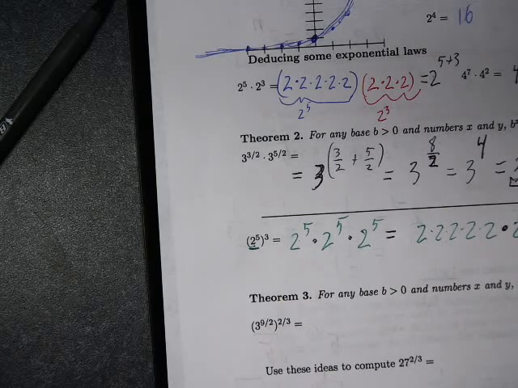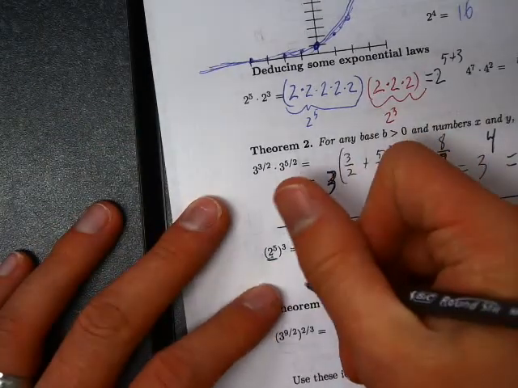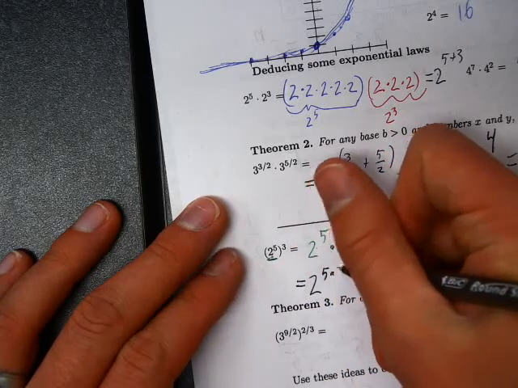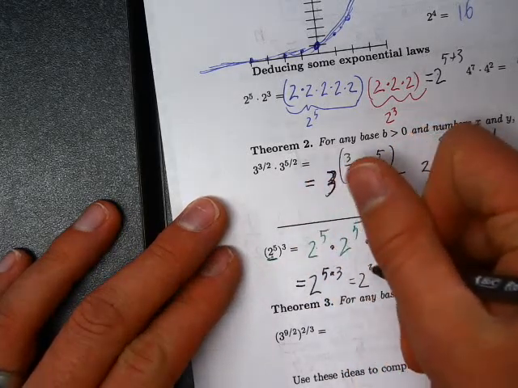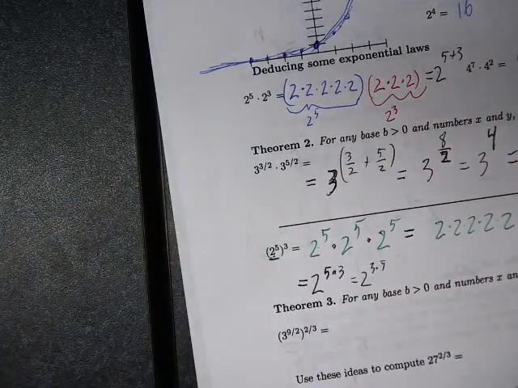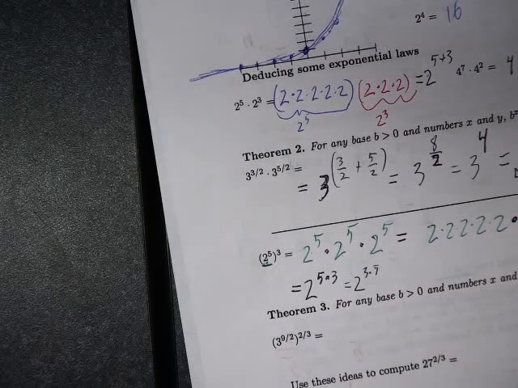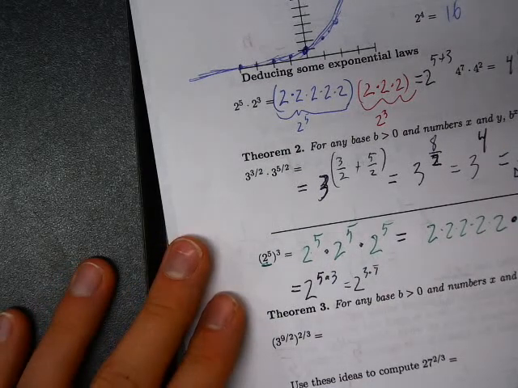And notice that's 3 groups of 5. That's exactly what multiplication means. It's 2 to the 15th because it's 2 to the 3 times 5. Or maybe you want to say it's 2 to the 5 times 3, but that's the same. Who cares? So for any positive base and any numbers x and y, b to the x to the y is b to the x times y.